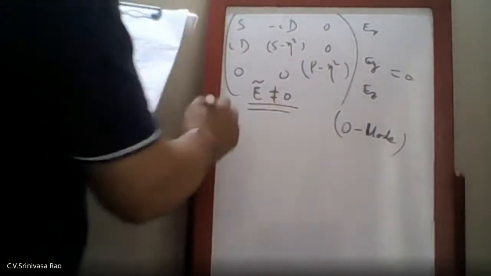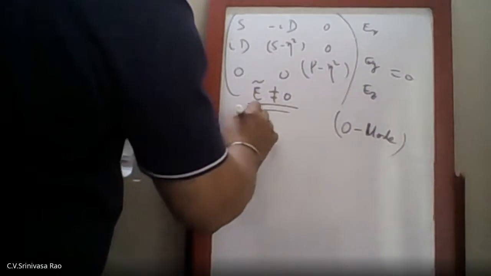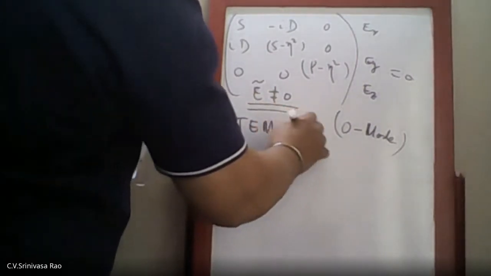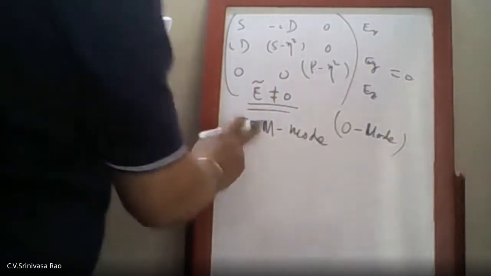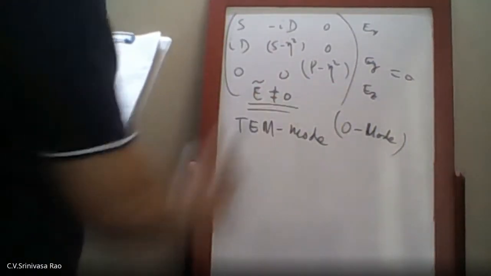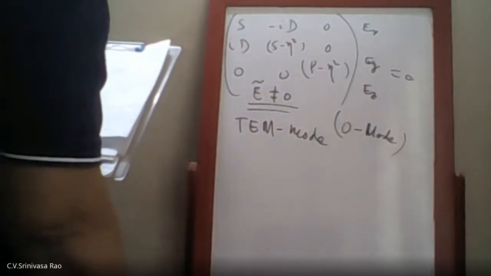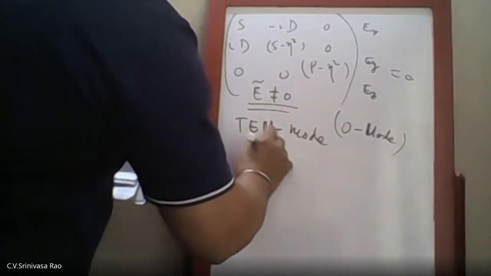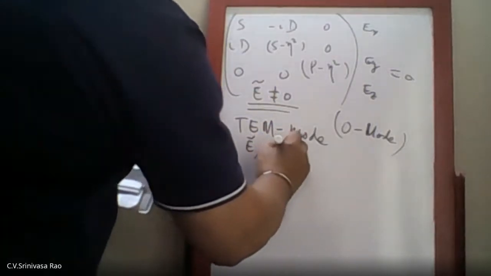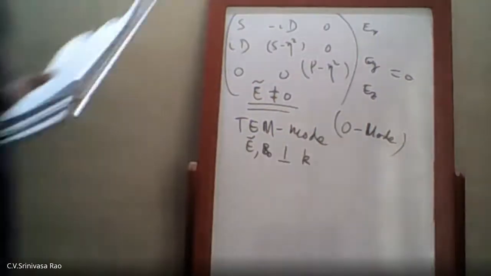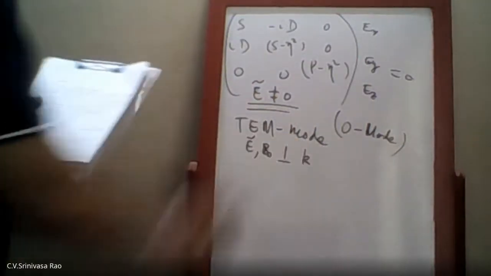This wave is also called sometimes TEM mode, transverse electric magnetic mode, because both E tilde and B naught are perpendicular to K, transverse to the wave propagation.